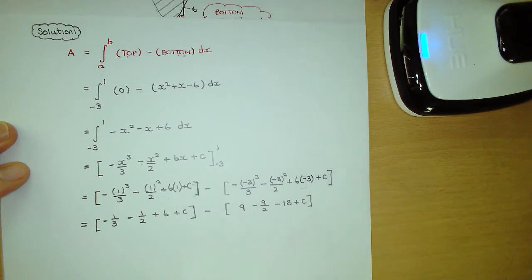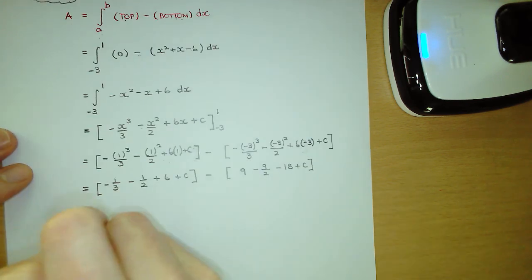So what we're going to do now is tidy it up a bit further. So go to the first square bracket, you can use your calculator. So we've got minus a third and minus a half plus 6. So that's going to give us 31 over 6 plus c.